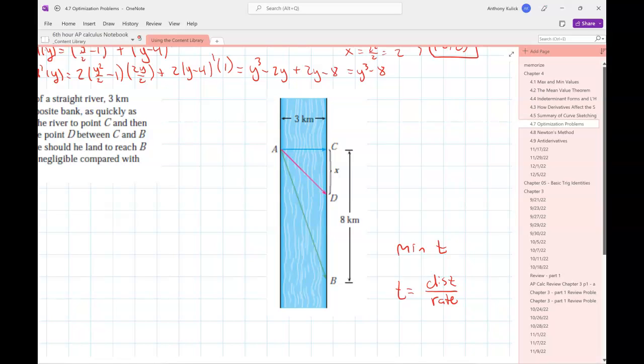So what do we got here then? What is the distance that we need to travel in this case?